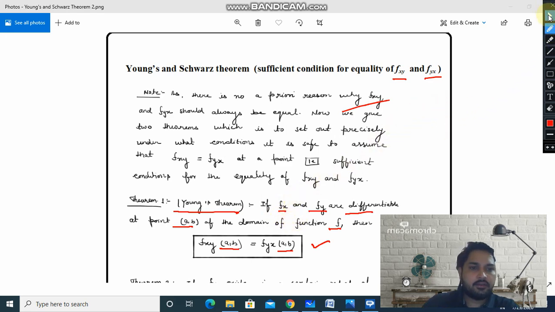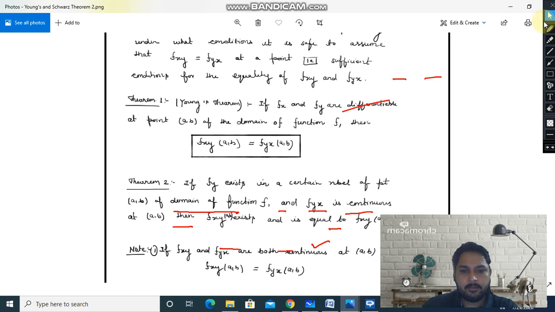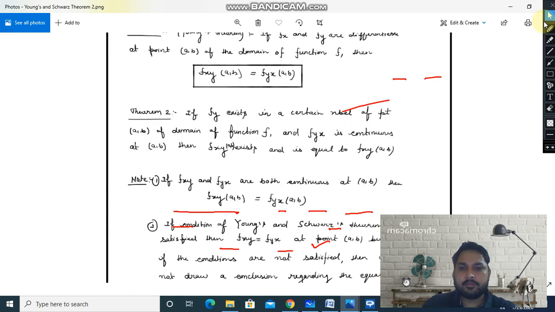The other theorem is Schwarz's theorem, and this theorem says that if fy exists in a certain neighborhood of the point (a,b) of the domain of function f, and fyx is continuous at the point (a,b), then fxy at (a,b) exists and it will be equal to fyx at (a,b).